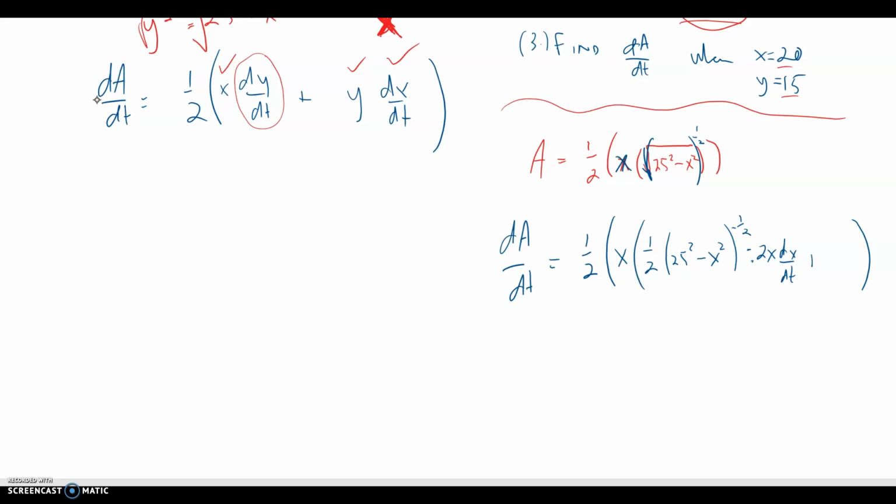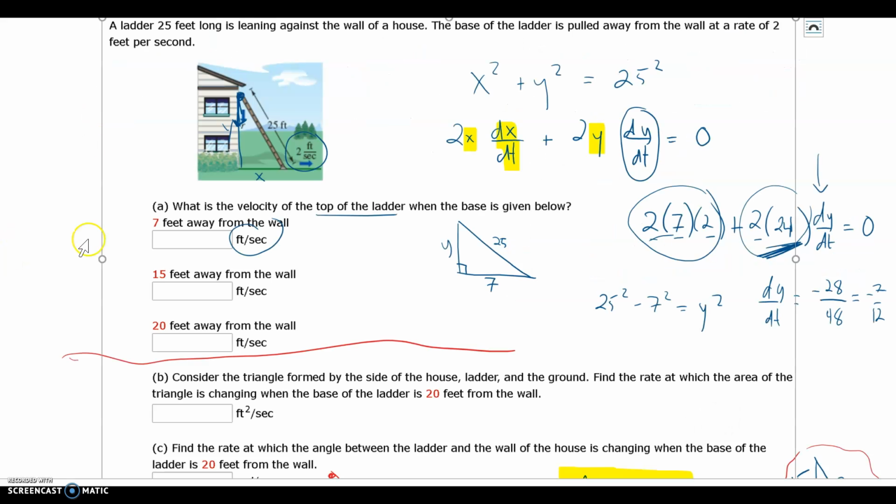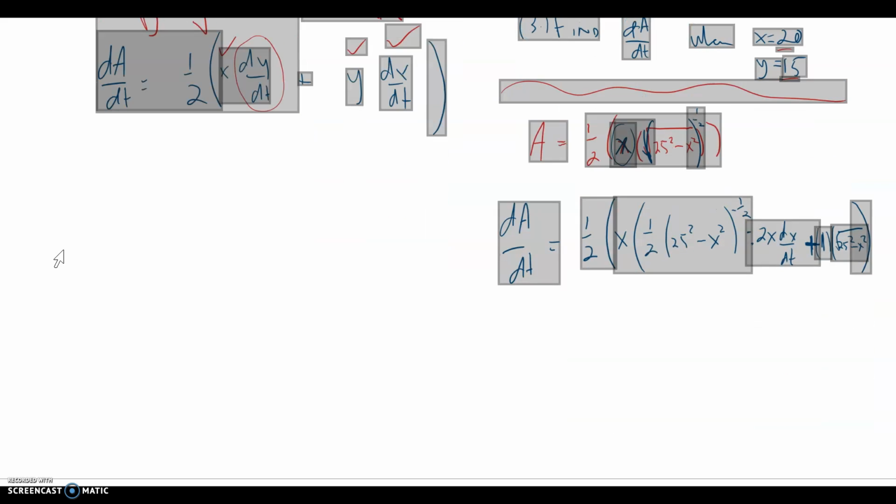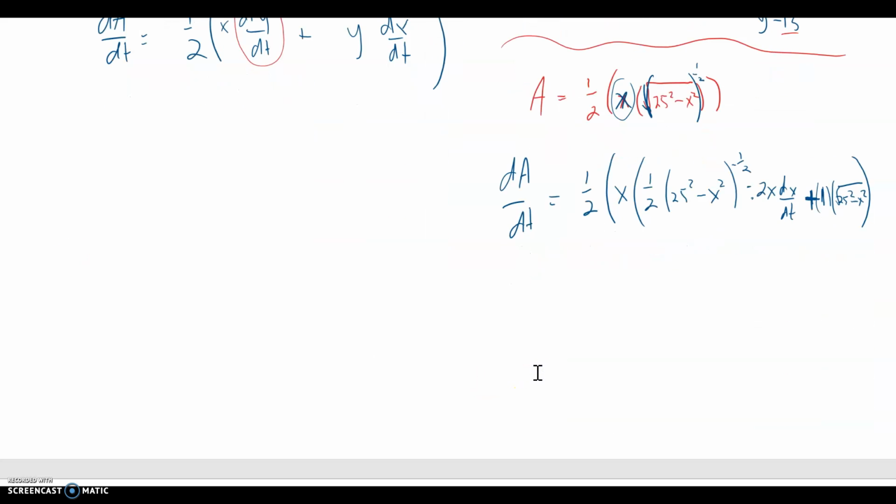And then I'm going to say plus, and then we take the derivative of the other function, the x, which is just 1, and then I'm going to have the square root of 25 squared minus x squared. Sorry, that's kind of small. That is my derivative.